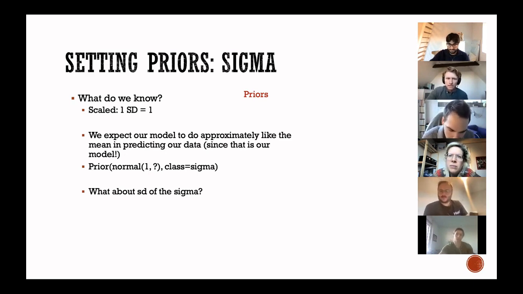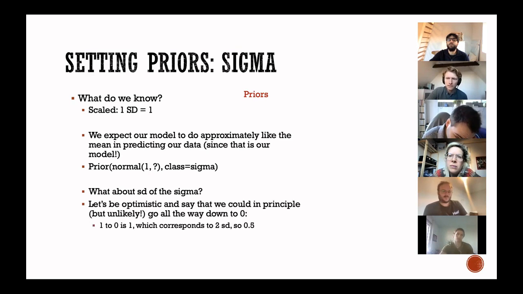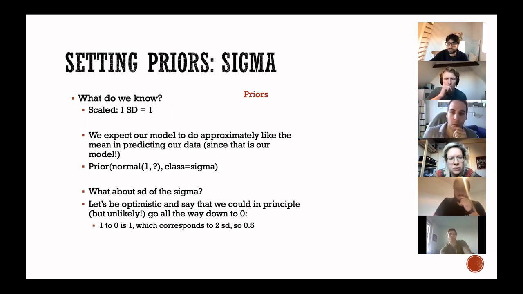So my suggestion is that we want to be optimistic and say that in principle, but very unlikely, the error could go all the way down to 0. Like 1 is sort of the error that we expect, given that we scale the data that way and we're only using the mean as a model. But a realistic expectation is that it could go all the way down to 0, because that prepares us for other models that we're going to do after.